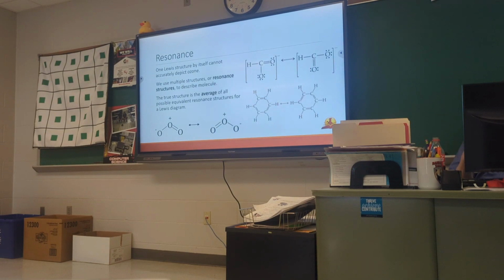Now, the truth is, if we have any of these molecules, they probably have all the resonant structures in the mix. But we don't have any way of determining that exactly. But it gives the properties of those.